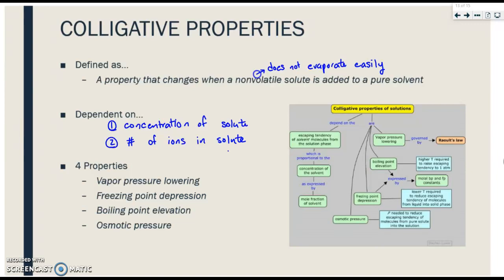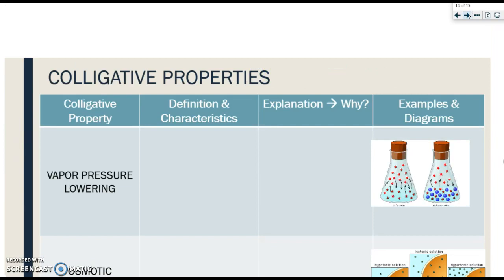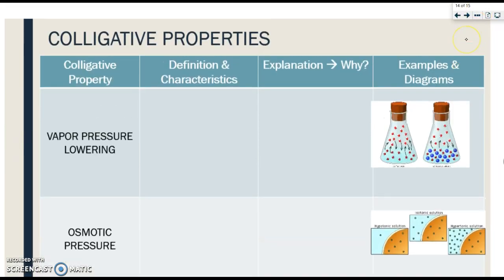Okay, we don't do the math for this, but this is called osmolarity, usually, or it's related to osmolarity. Okay, there are 4 properties that we are going to discuss in detail on the next 2 slides. You may want to pause the video if you don't have a copy of the PowerPoint and copy down this table and the table on the next slide.